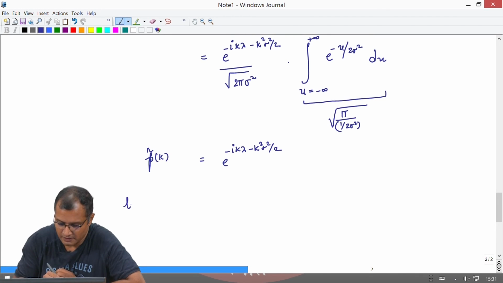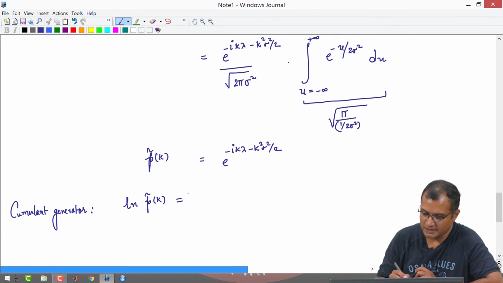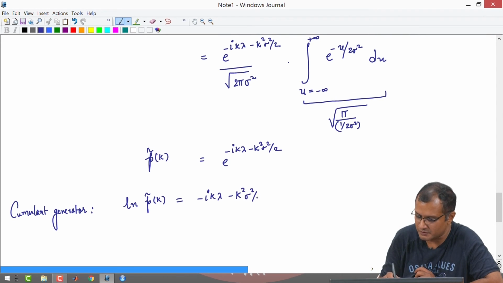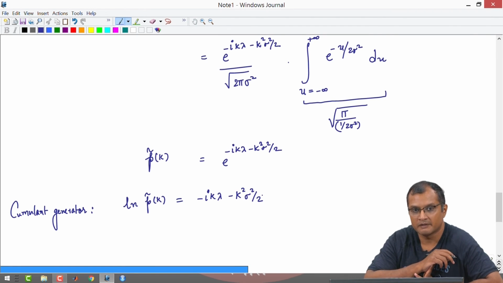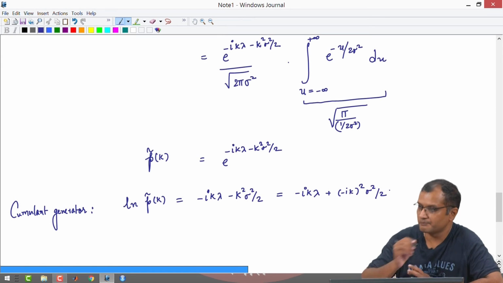So, you can take the logarithm of this, that is nothing but the cumulant generator, and this comes out to be just minus i k lambda minus k square sigma square by 2, if I take the logarithm both sides, and just rewriting it as minus i k lambda plus minus i k whole square sigma square by 2. Okay.